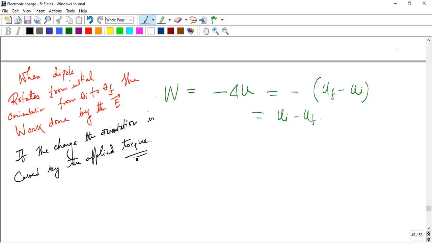Important: commonly it is said to be due to an external agent.